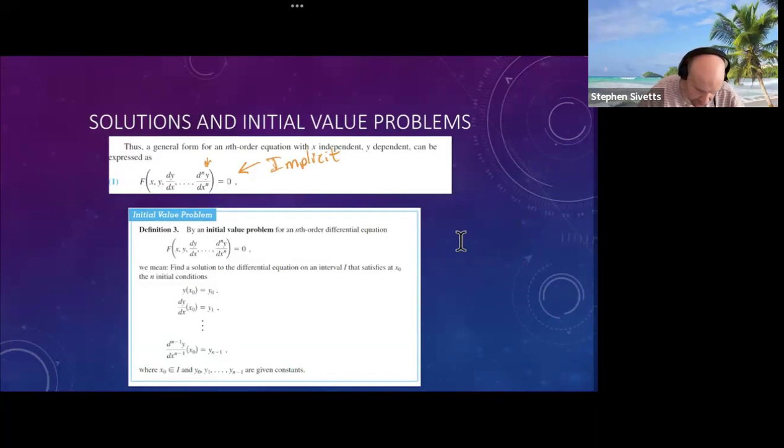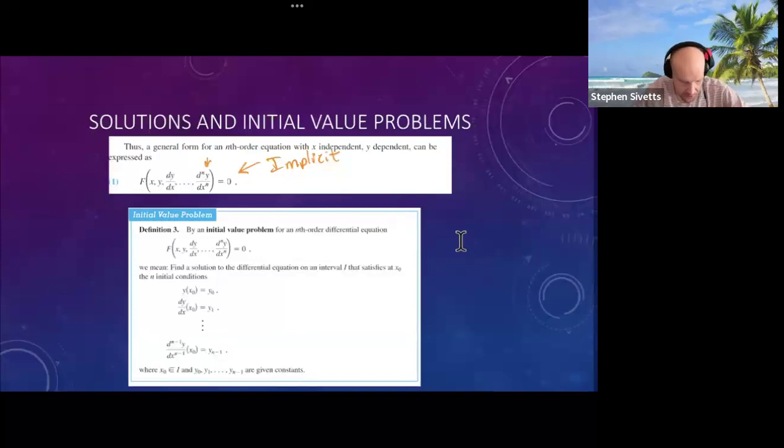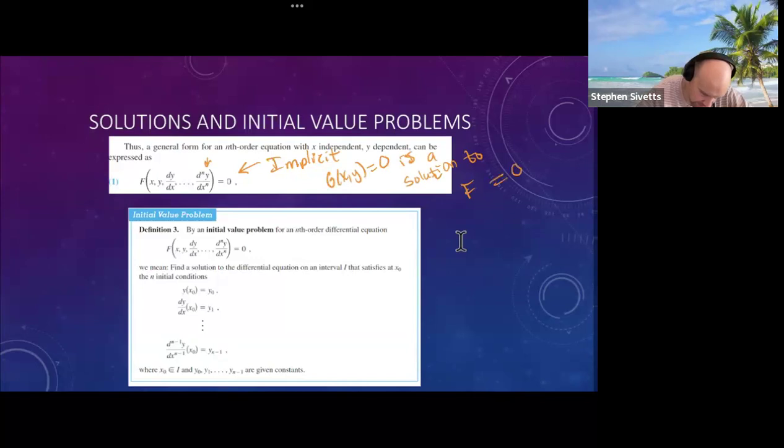Any ordinary differential equation can be looked at implicitly, right? So another way is to just show that your function g of x, y equals 0 is a solution to, I'll just call it capital F, F equals 0, right?